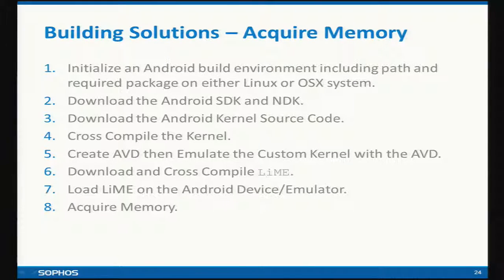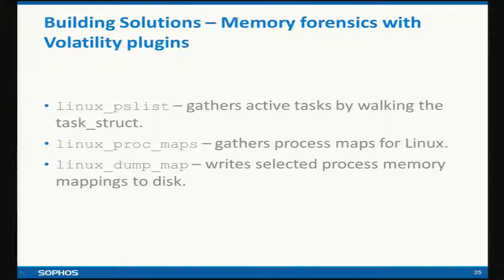It's necessary to cross-compile LiME to use on the Android device or emulator. This step sets up the source code, compiles the kernel module, compiles LiME, and dumps the memory. You can find these steps online on Wikipedia. I have a reference in my white paper.